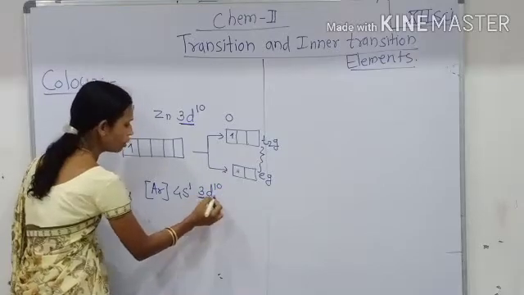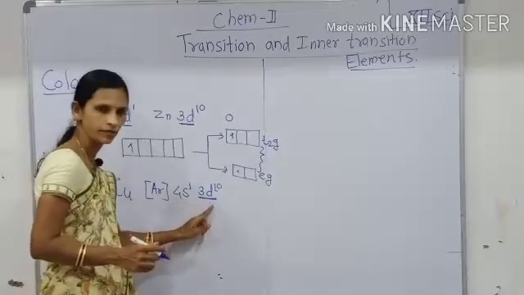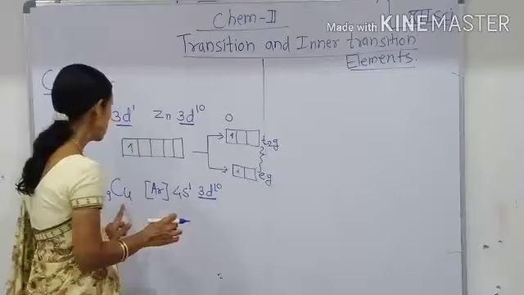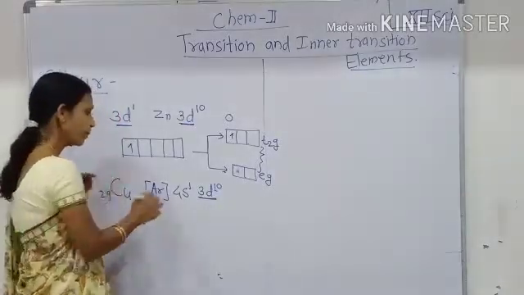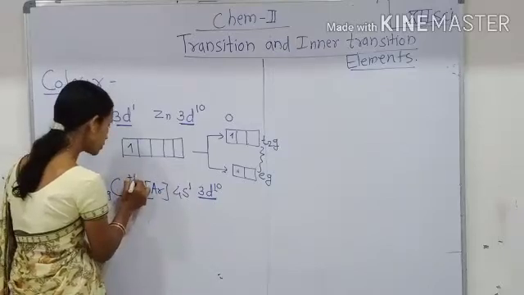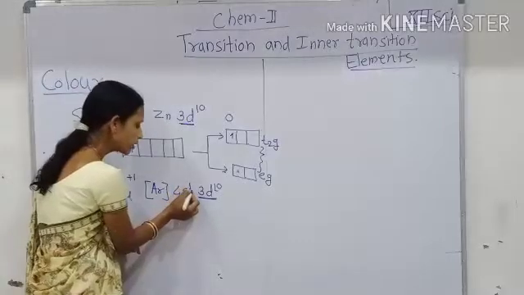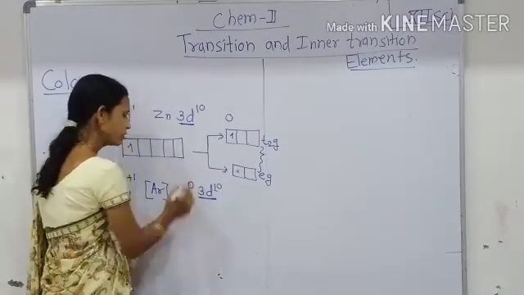In the 3d orbital, all electrons are paired. That means there is no unpaired electron present in the Cu atom, but in the Cu+ ion, when it loses one electron, the configuration becomes 4s0.